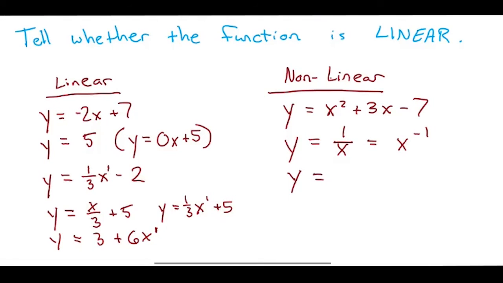Another example of a nonlinear function is if you were to have x inside of a radical, like the square root of x, because this is x to the 1/2 power. It's okay if x is on the outside of a radical, but if it is on the inside of a radical, it is nonlinear.